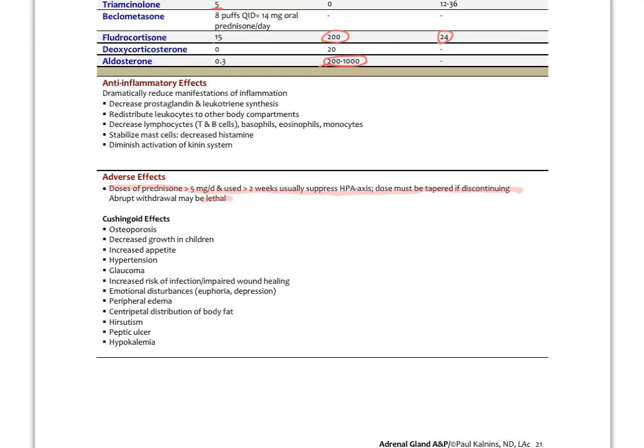But more chronically, what we see with chronic use of these is more Cushing's-like effects. And that would be things like osteoporosis, decreased growth in children, hypertension, glaucoma, increased risk of infections because of poor wound healing and immune responses, maybe more agitation, euphoria, but potentially depression long-term, peripheral edema, central distribution of body fat, so truncal obesity, hirsutism, peptic ulcers, and hypokalemia.